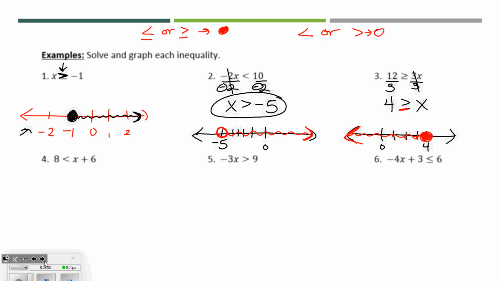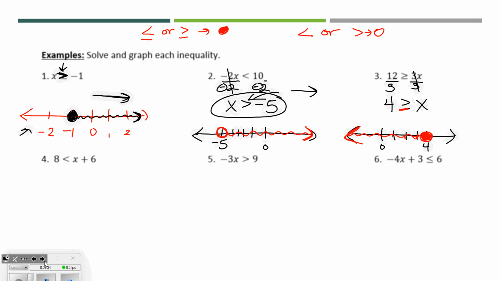I shaded the way the arrow was pointing. So the arrow was pointing to the right, I shaded to the right. Number 2, it's a less than symbol. The arrow was pointing to the left. Notice it flipped to a greater than. The arrow is pointing to the right, I shaded to the right.